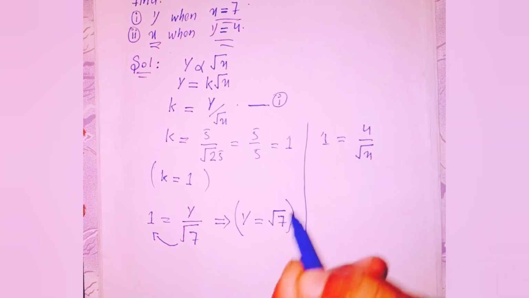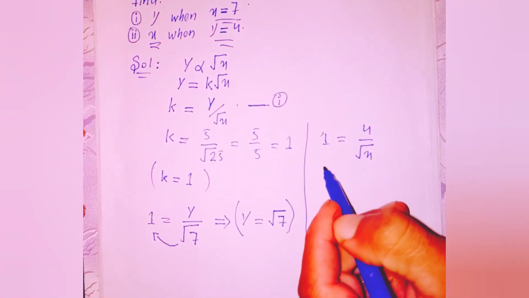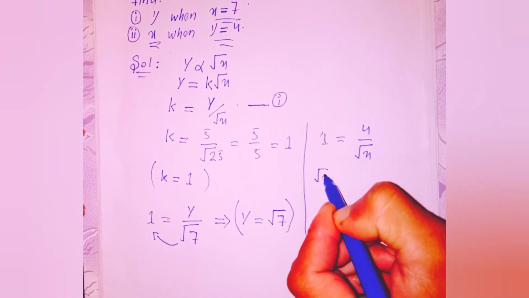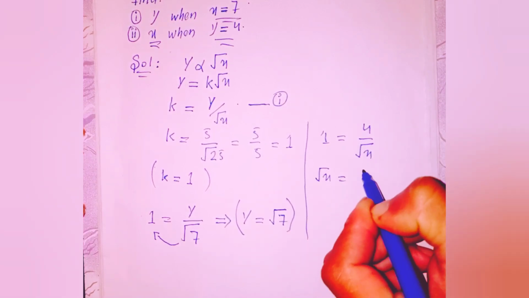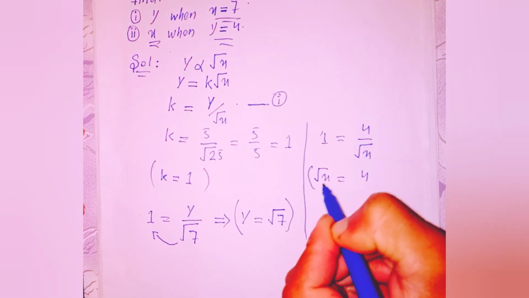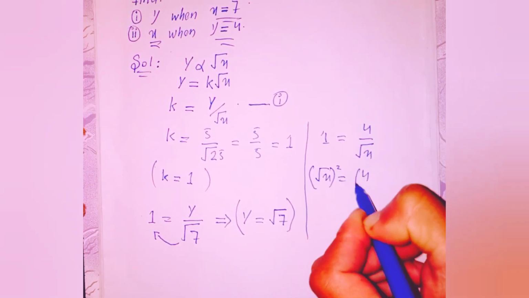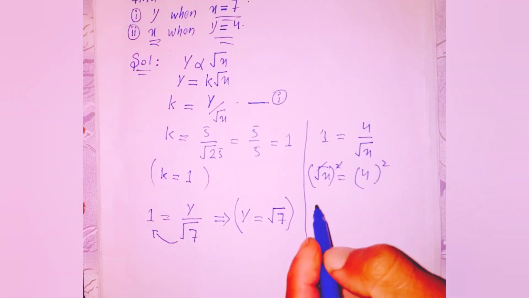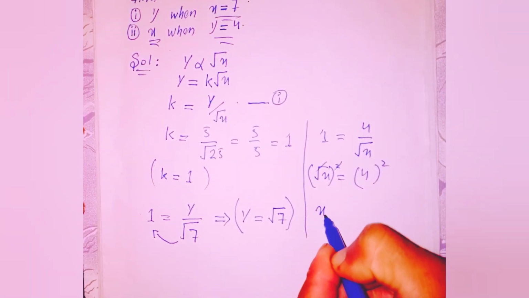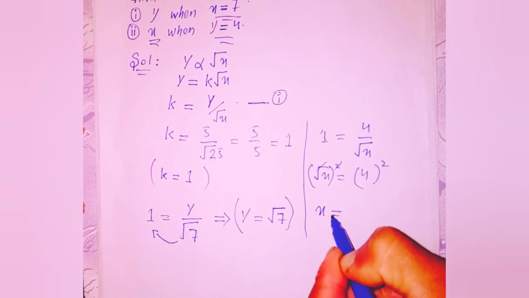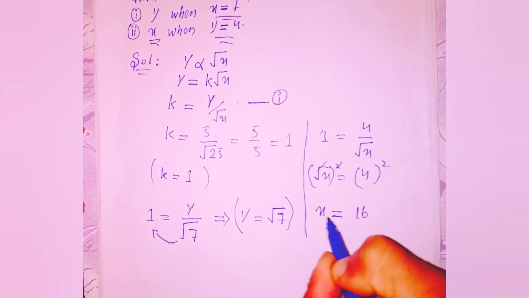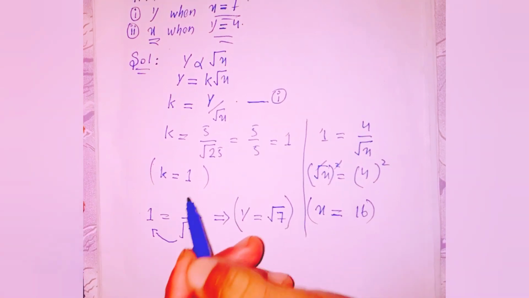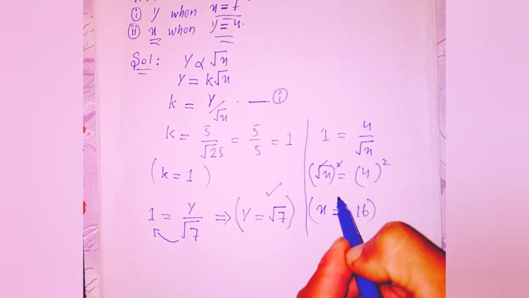Here we have to find out the value of x, so we multiply both sides by √x, so we get √x is equal to 4. Now if we square both sides, the square cancels with the root, so here we get x is equal to 4 squared, which is 16. So these are the required values of y and x.